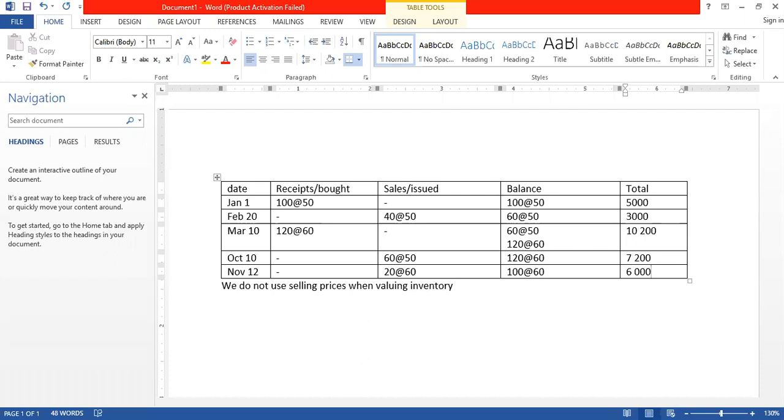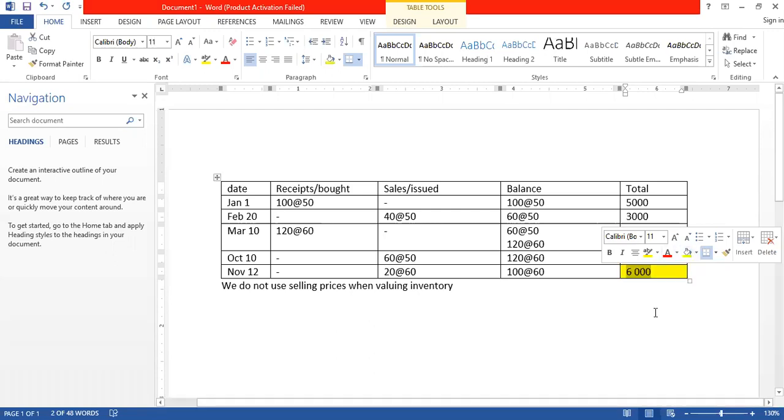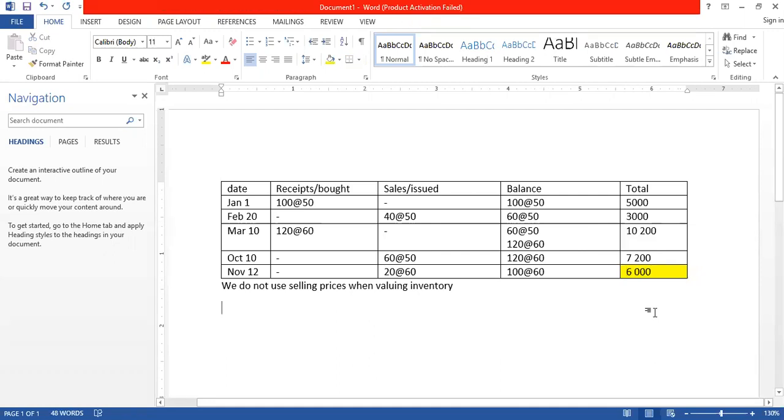Okay, so are there any questions? This is the closing stock that we were asked to calculate using FIFO. If there are any questions, or if I was a bit fast somewhere, please just unmute yourself and ask.